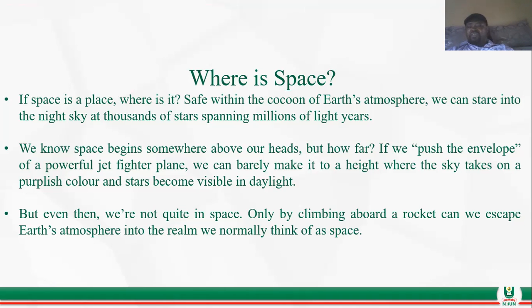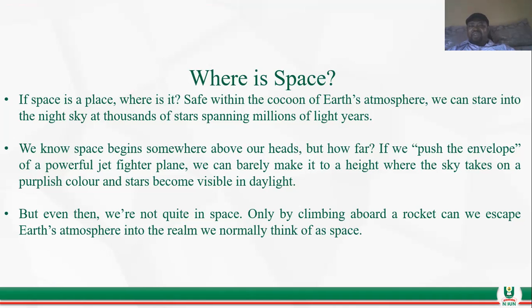On the surface of the Earth, we should not forget that the force of gravity keeps us on the surface. If we try to jump, we come back. The Earth is like a big magnet. Now, to escape from the Earth's atmosphere into outer space, we must acquire a velocity called the escape velocity, which is v equals the square root of 2gR, where g is acceleration due to gravity and R is the radius of the Earth.